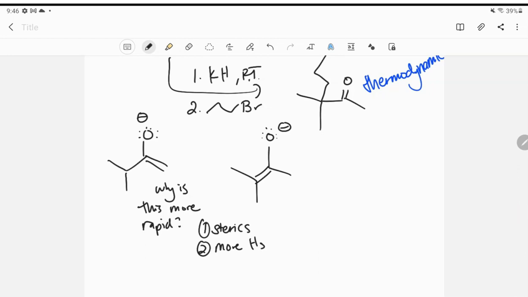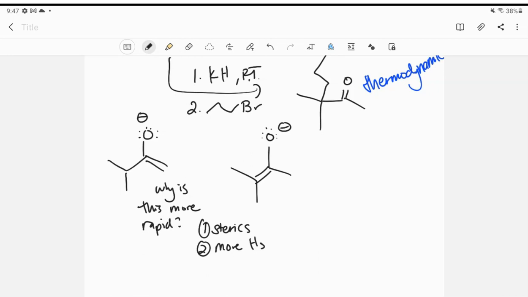So you have more availability of hydrogens, right? So you just happen to have more of them. If you're going to choose an alpha proton, you have 3 on one side, 1 on the other. Just statistically, you're more likely to grab one that's equivalent if there's 3 equivalent hydrogens. So sterics, and then the fact that there's more hydrogens will get us to the kinetic intermediate here.